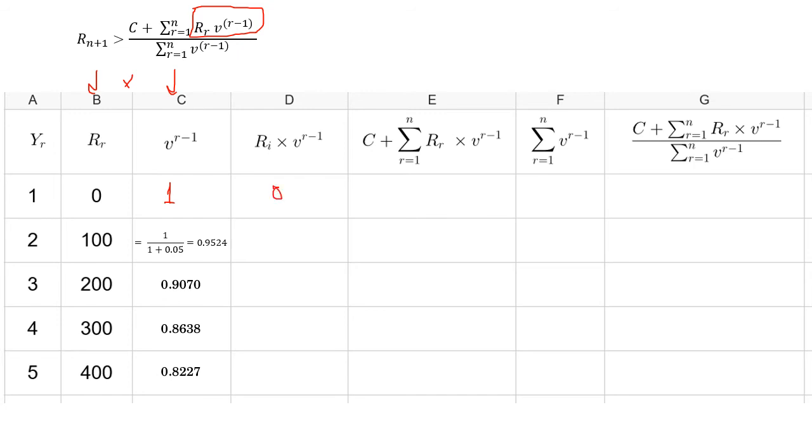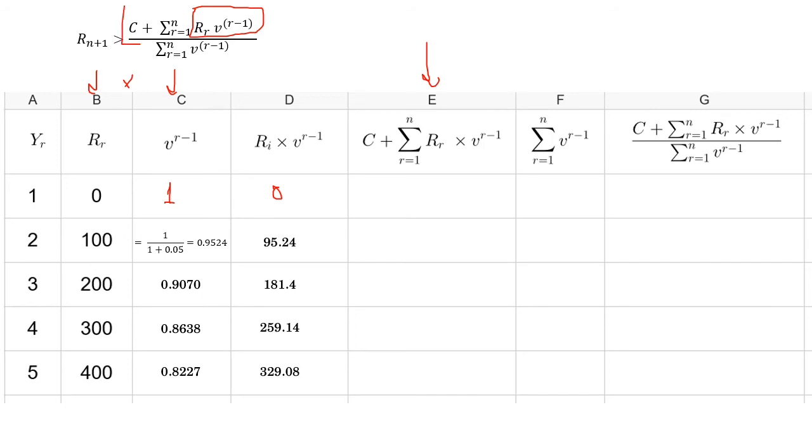For year 2, 100 into 0.9524 is 95.24, and so on. If you do the calculations for r equals 3, you should get that product as 181.4. For r equals 4, 259.14, and r equals 5, 329.08. Then let's move on to column E.